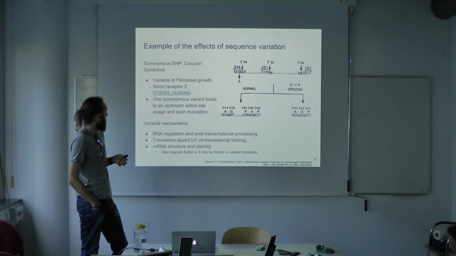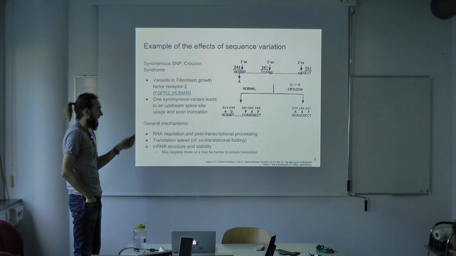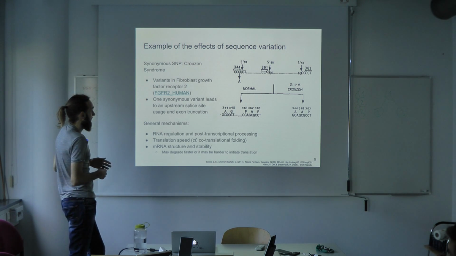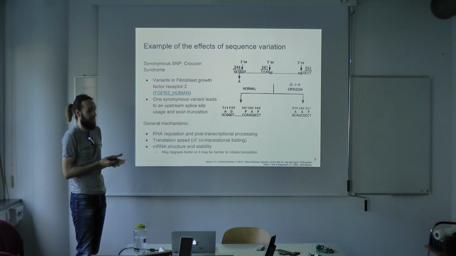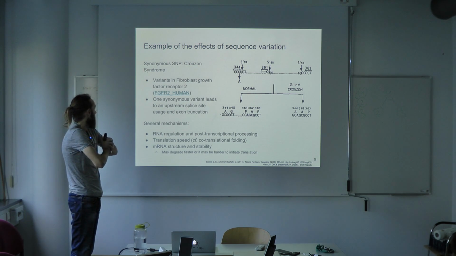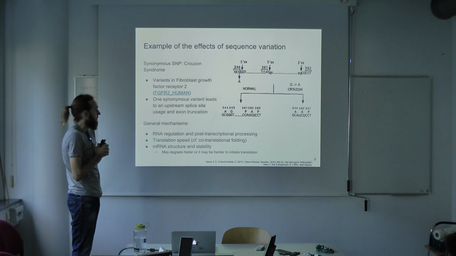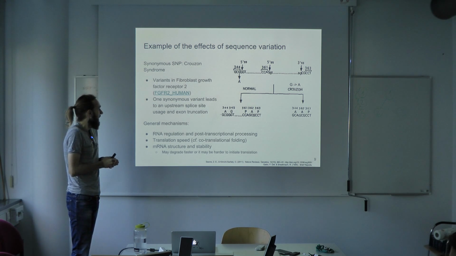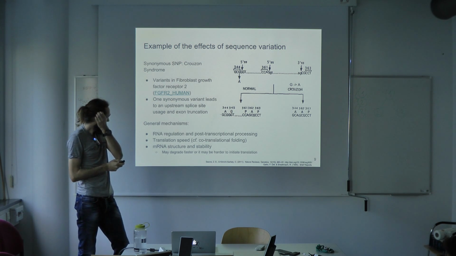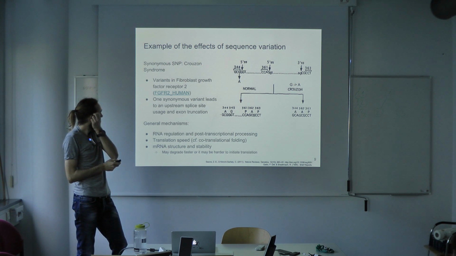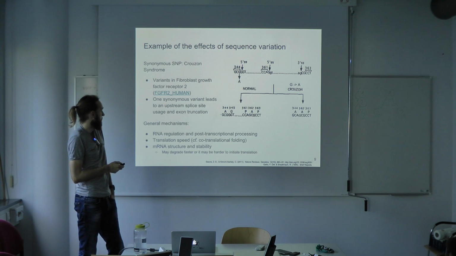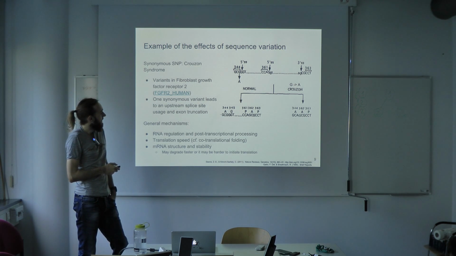And I listed a few more here. But let's first look at the example. The other possibility is splice sites. This is a relatively arbitrary example from Crouzon syndrome. What we have here is a fibroblast growth factor receptor 2, and here is our variant.